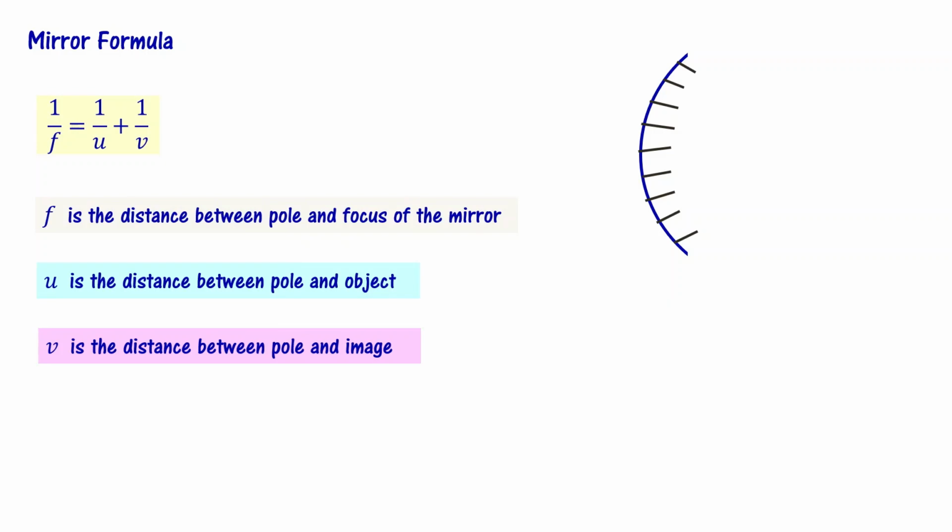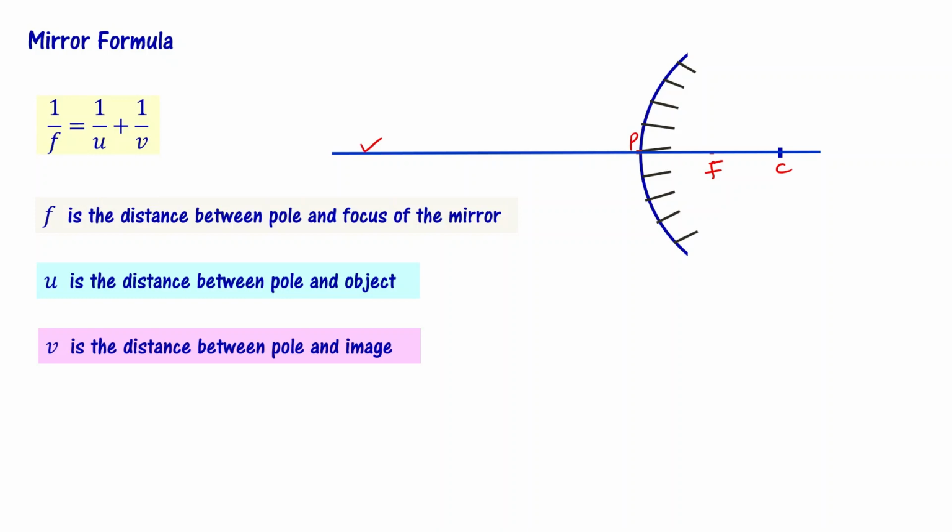Now let's look at the same for the convex mirror. A convex mirror also will have a pole, a center of curvature and a focus, right? This is P, this is the focus and this is the center of curvature. The line connecting all these three is called the principal axis, and this is the principal axis of the convex mirror, right?